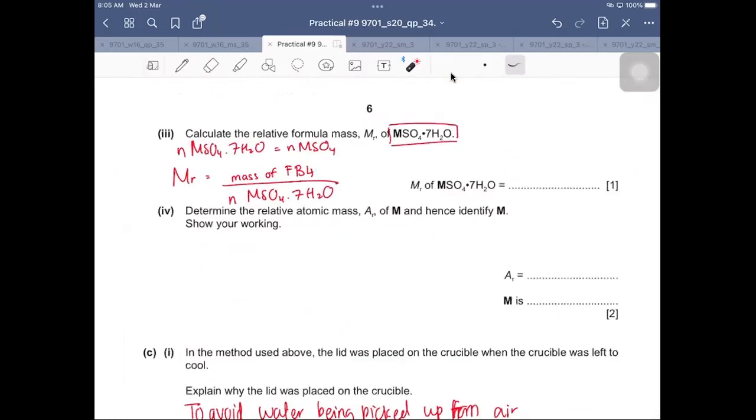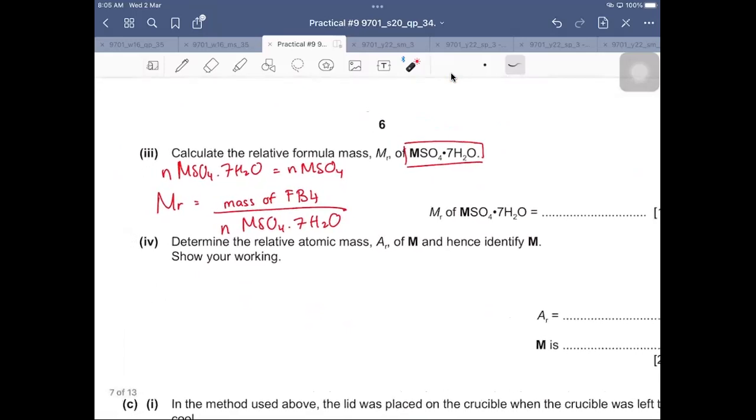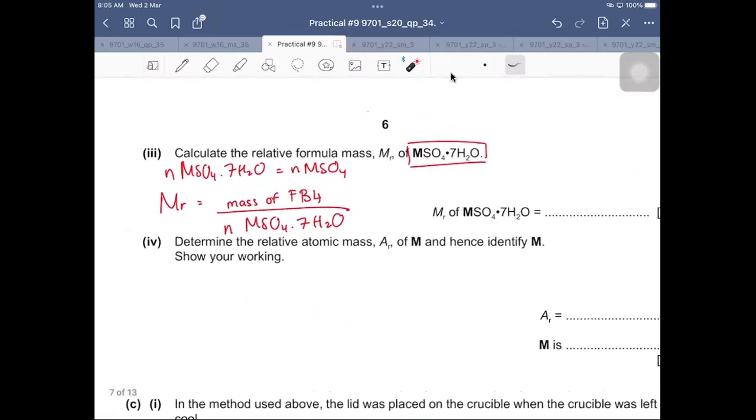Then we want to find the MR. If you know the number of moles of MSO4.7H2O, you can then find the MR by using the mass of FeSO4 over the number of moles of MSO4.7H2O.